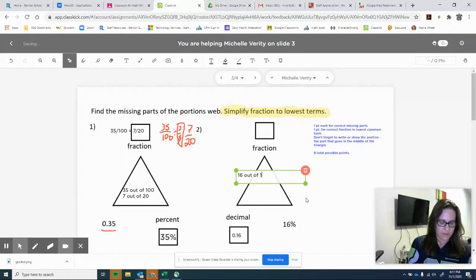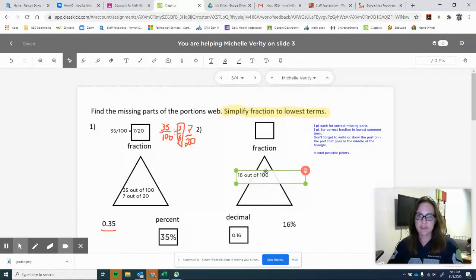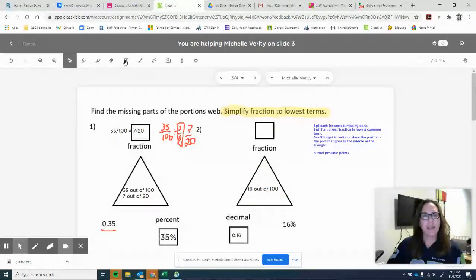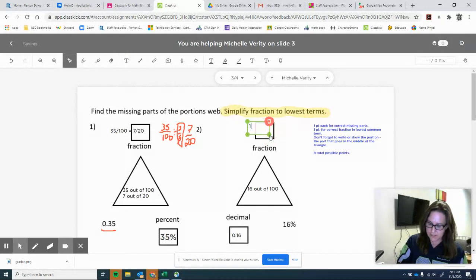16 out of 100 is one way that we can say this. And that means that in fraction form, it's 16 over 100. Both of those are even numbers.